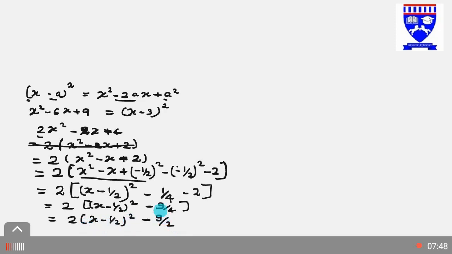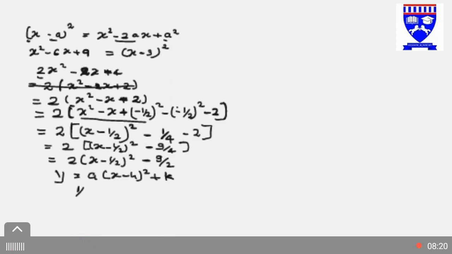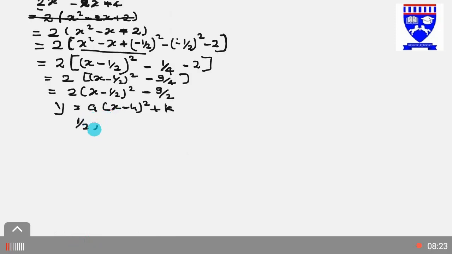So now we have this format: y is equal to a(x − h) holding square plus k format. Okay, k format. If you draw the graph, your turning point or vertex would be half. Your turning point would be half, the vertex. Okay.